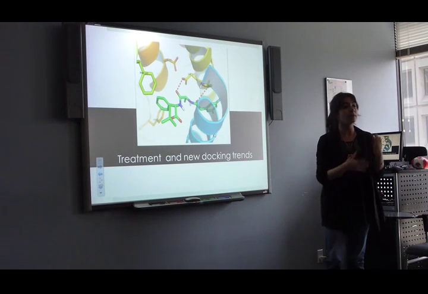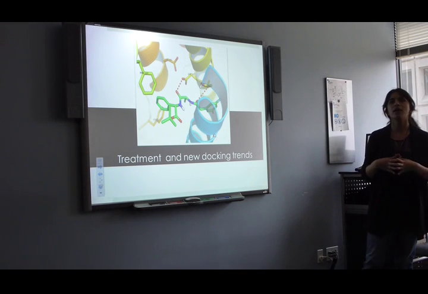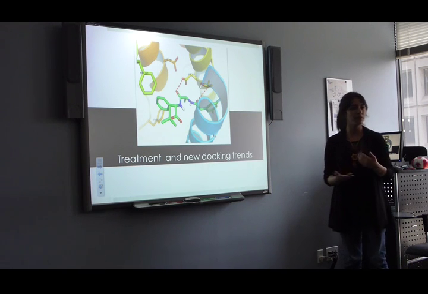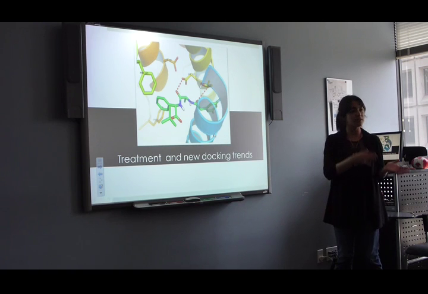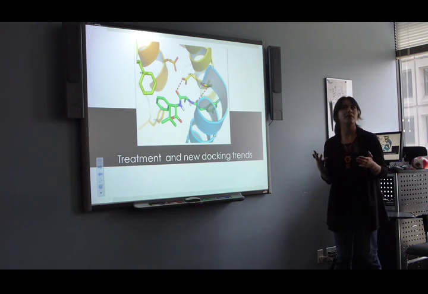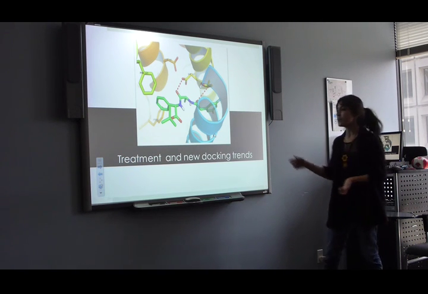Now I'm going to explain the new trends and new treatments in order to develop new drugs for people that suffer from this kind of illness, so they have hope and can recover or have a better quality of life.